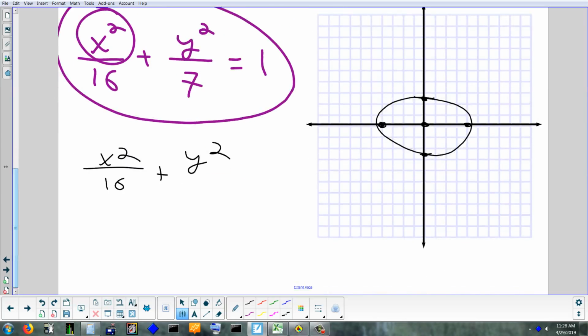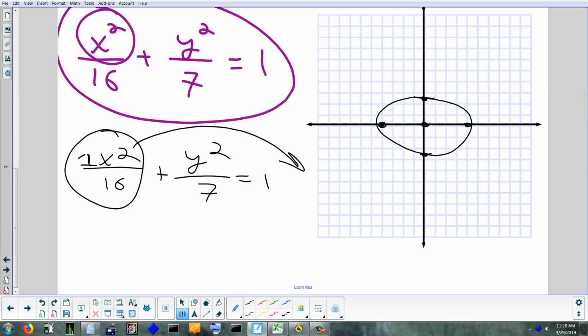So this part, I just want you to watch. That's why I didn't take the calculators out. There's an imaginary 1 in front of that x squared. So you can think of this as like 1/16 x squared. That's what it basically is. How would you move that to the other side?